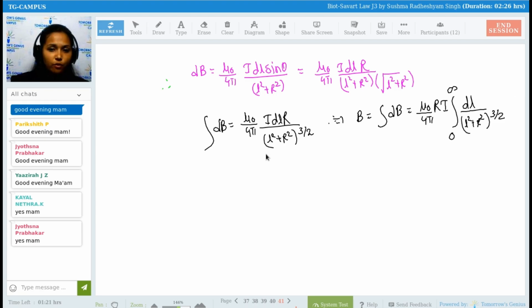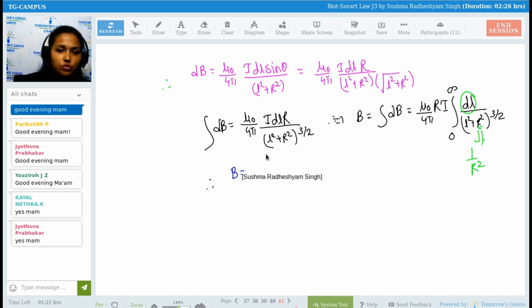If we solve this type of integration, there is a shortcut in formula-type questions, where we say this type of integration value is 1 over R square. Here B is equal to mu naught R I over 4 pi into 1 over R square.